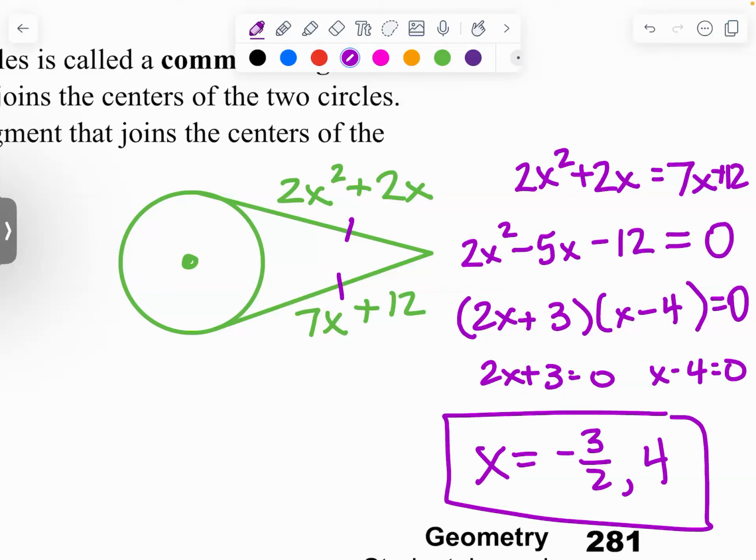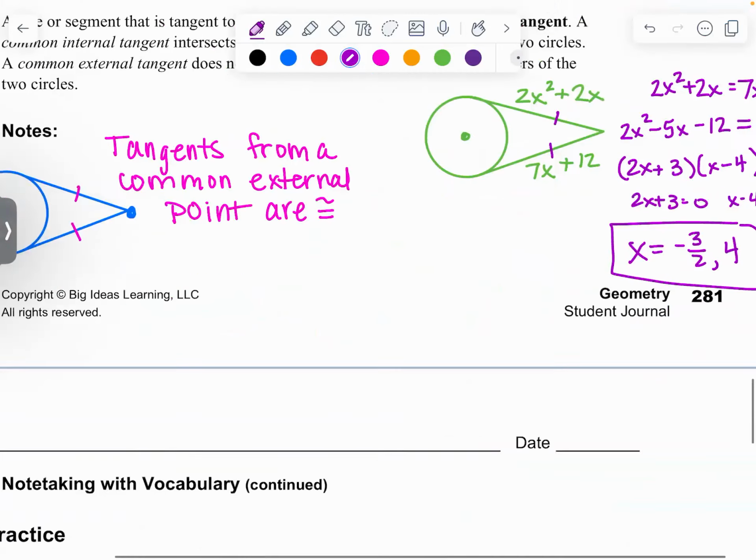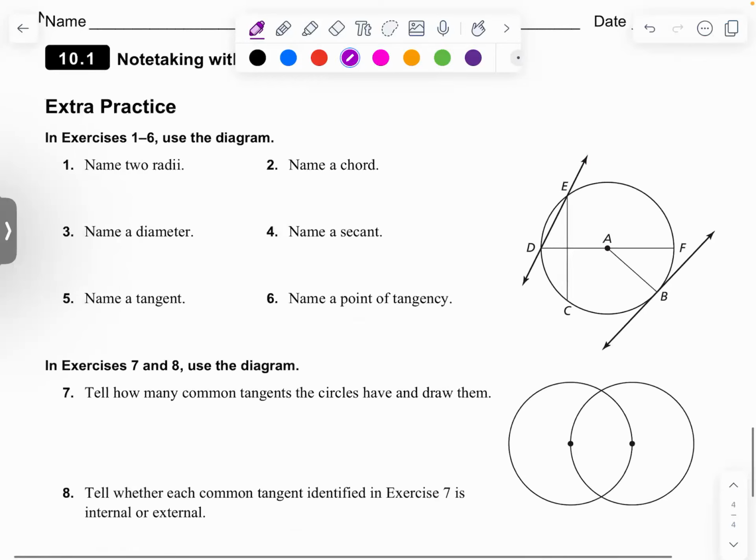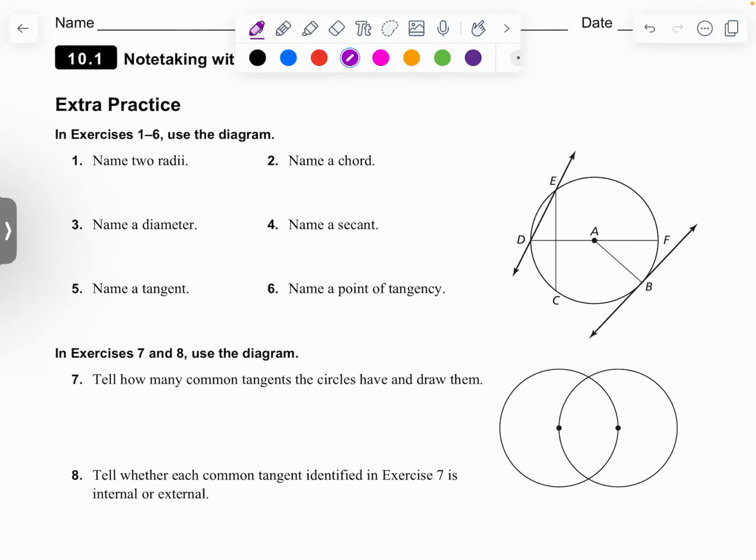Okay, now, when you do your homework, your homework is gonna be page 5 of your packet. I want you to be really careful when you're naming the things I ask you to name. So if I ask you to name a radii, a chord, or a diameter, those better be segments. But when I ask you to name a secant or a tangent, those better be lines.